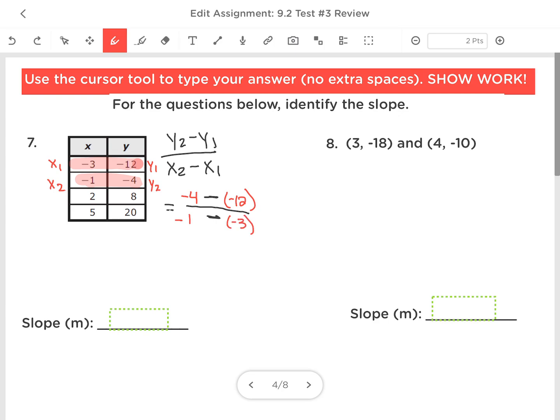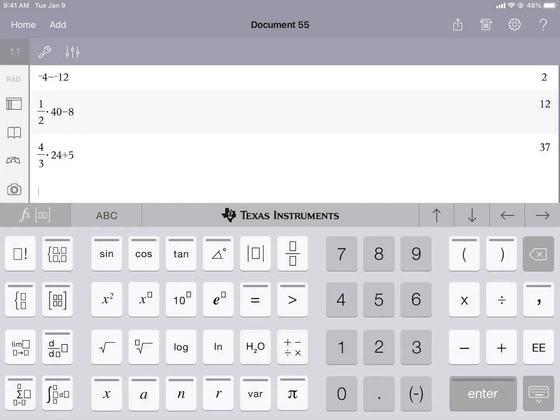So I'm going to type that into my handy dandy calculator. -4 minus a -12 over -1 minus a -3. So fraction button. -4 minus a -12, -1 minus a -3. Again, I typed it in exactly as I wrote it. I press enter. I get 4 as the slope.